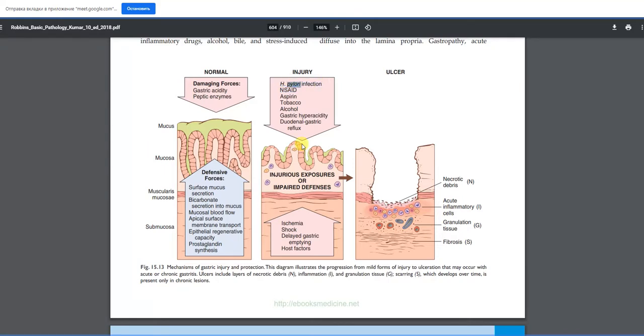You know this bacteria, which normally settles in the stomach, due to noxious stimuli like ischemia, shock, delayed gastric emptying, host factors, stress, or just improper food intake, leads to dissemination of Helicobacter pylori into the mucosal lining and causes inflammation, which later might lead to ulceration.